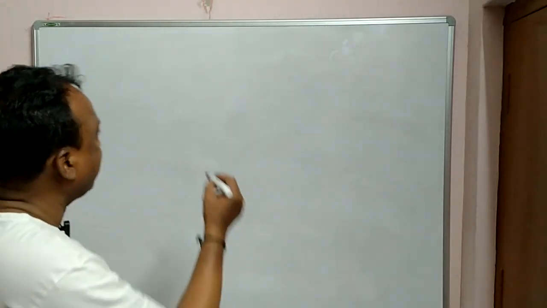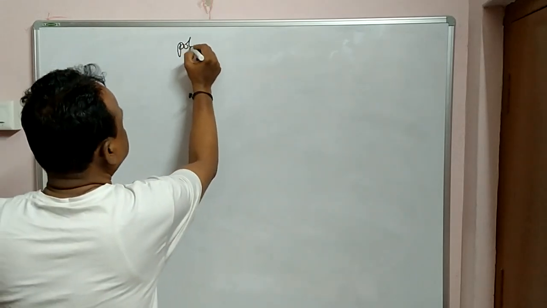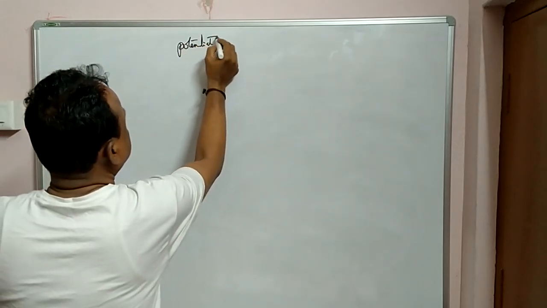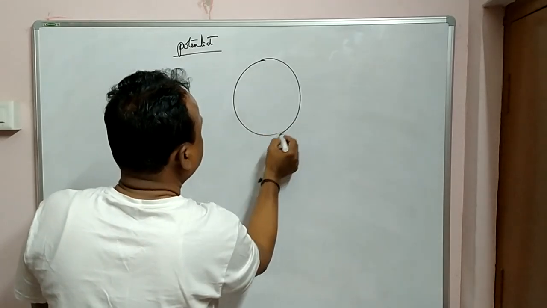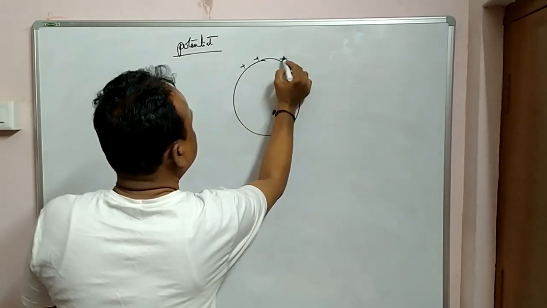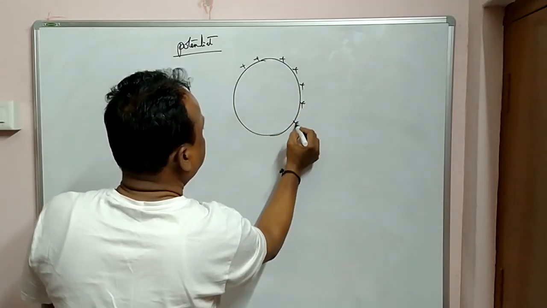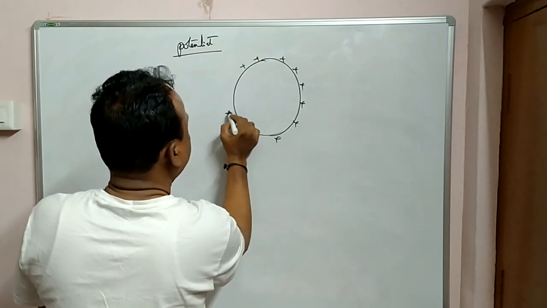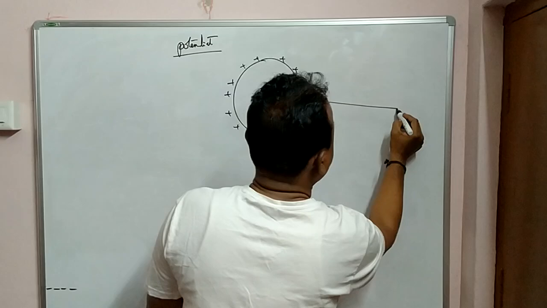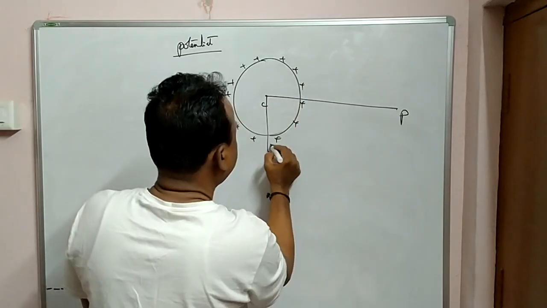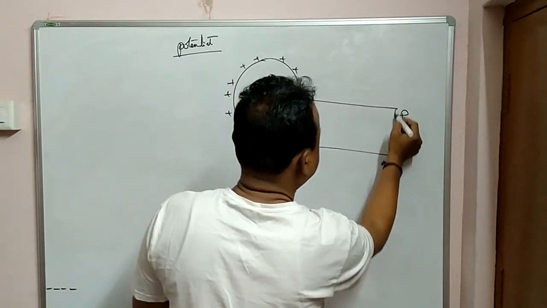But now what we will do is the potential due to this charged ring, uniform ring, at a point P. This is the center, this is point P. Let this distance be x.